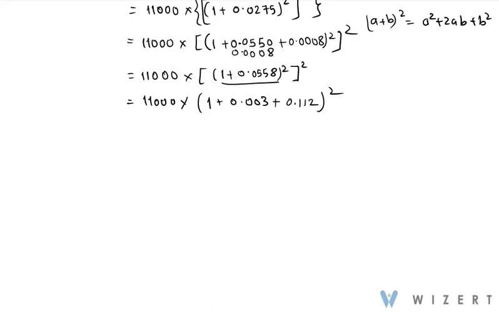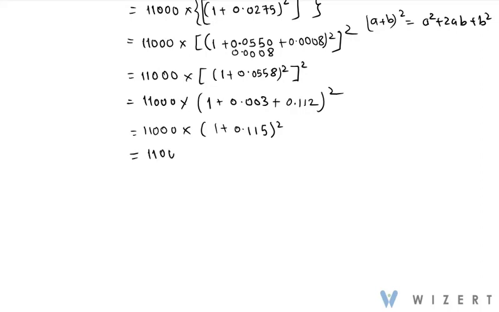Now let's see, 0.112 should be added here, so 11,000 multiplied by (1 plus 0.115) whole square. So let's calculate the square now. Again we use the (a + b)² identity.